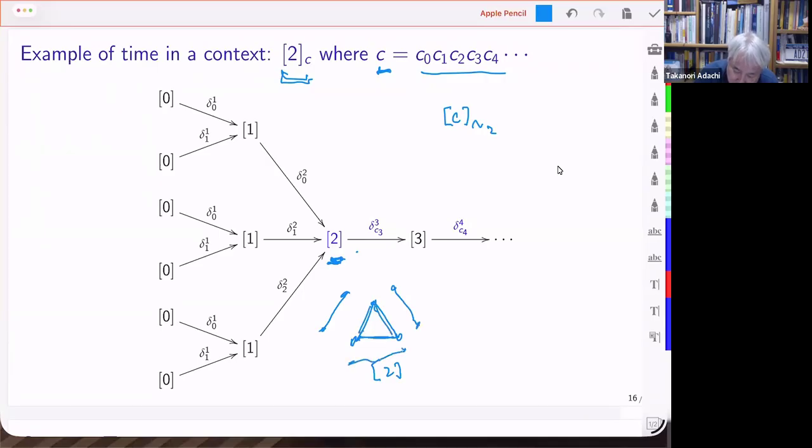So each edge corresponds to each face. For each face there is a structure, a one-bracket, and each one-bracket has zero faces, which are the vertices of these lines.